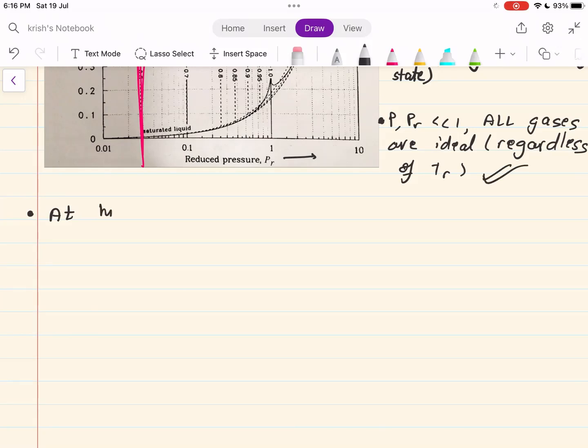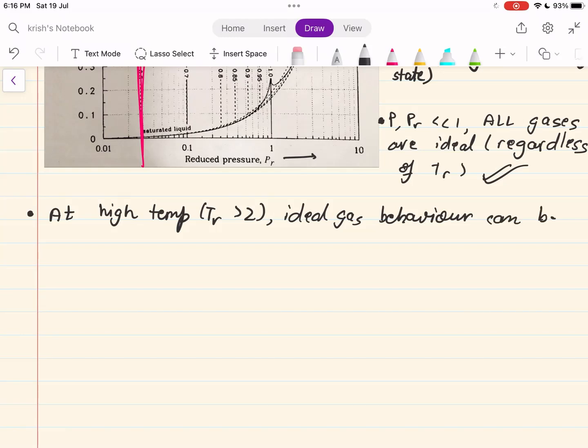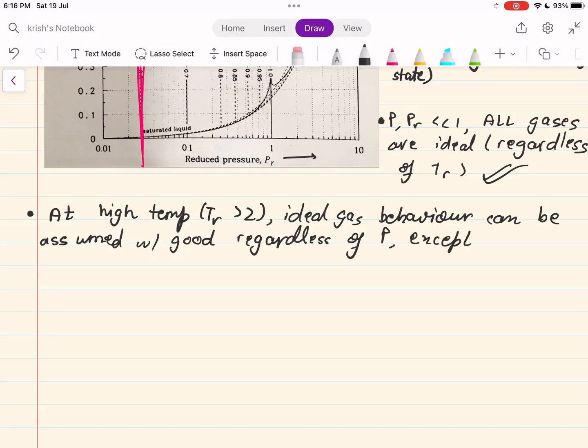At high temperature, Tr greater than 2, ideal gas behavior can be assumed with good accuracy regardless of pressure, except if PR is much greater than 1.